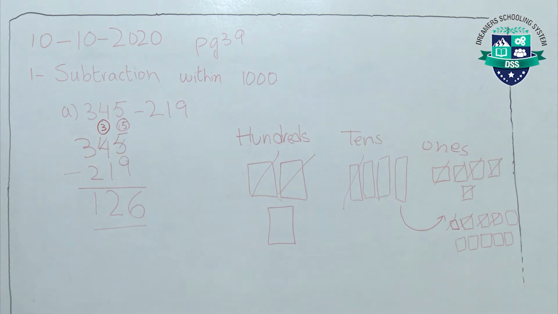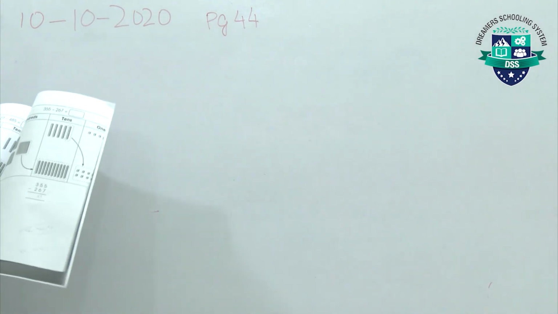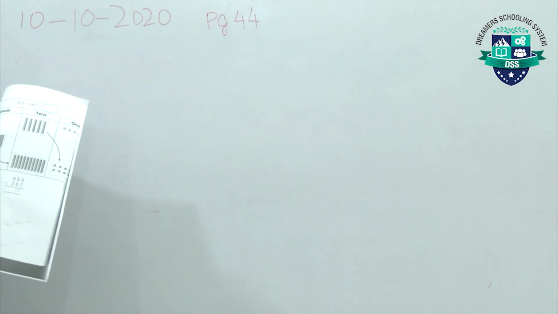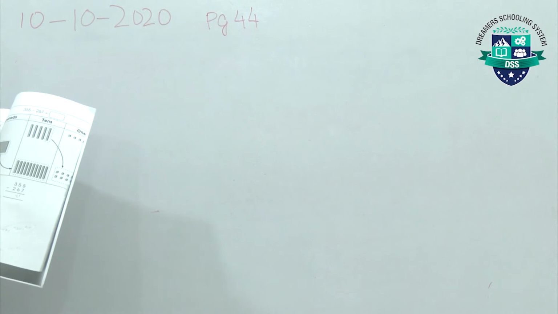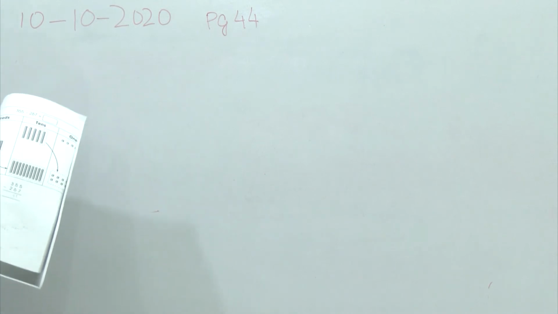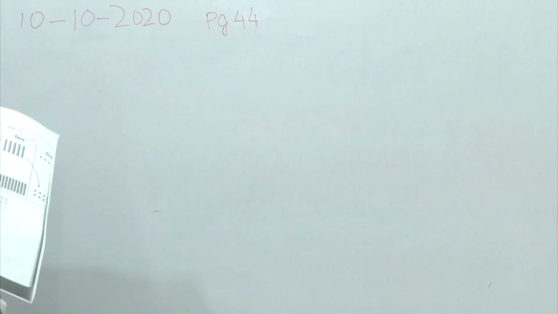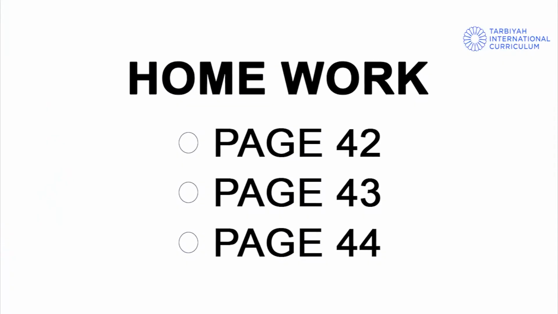Now this is the method we will solve our problem. Now class, as I have shown you two examples, how to do borrowing and how to do subtraction in thousands and hundreds, now what you have to do, you have to do pages 42, 43 and 44.